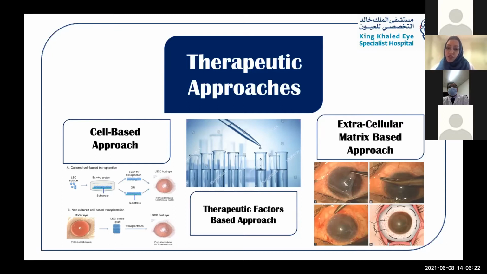Therapeutic factors based approach. This is our talk today. We are talking today about all the factors and the mediators that help or are part of the whole ocular surface health and well-being. Okay.